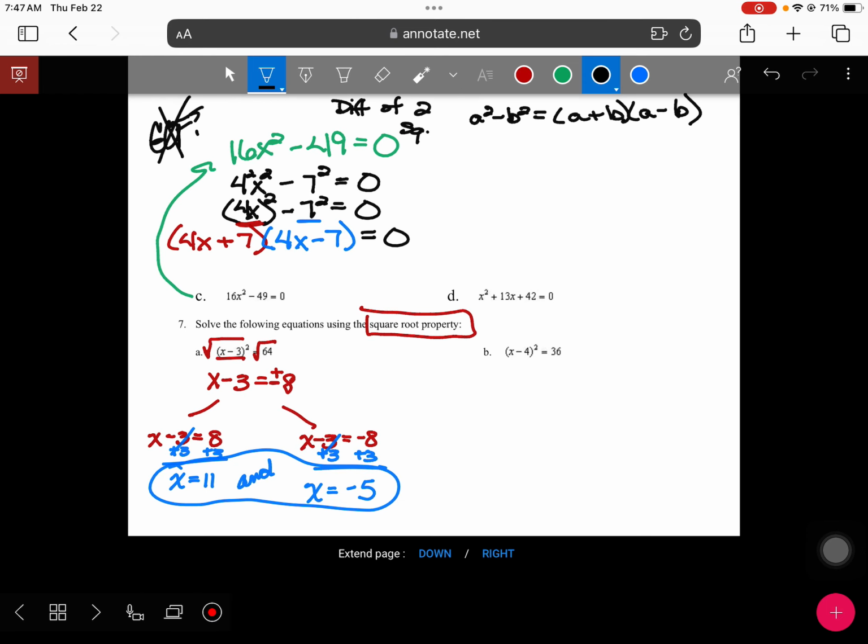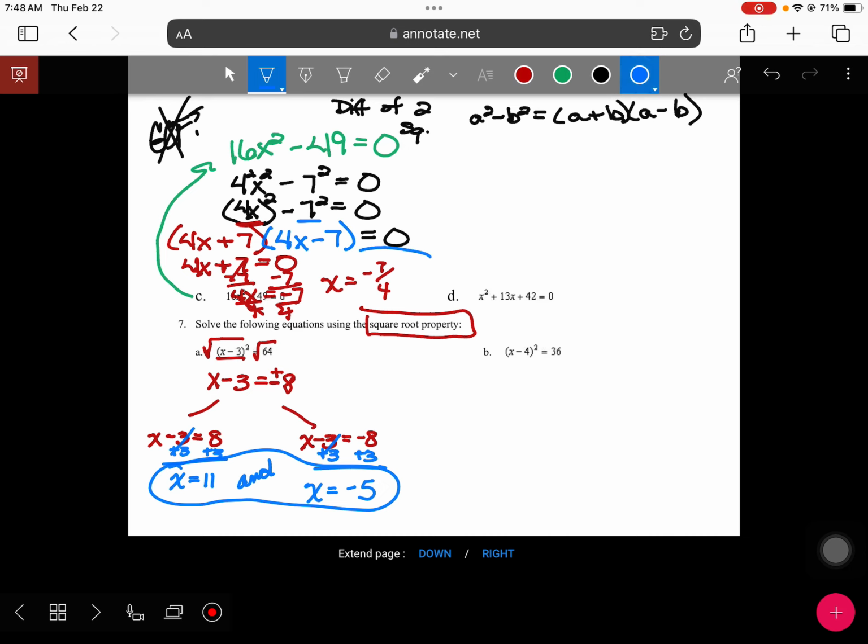And again, if you have 2 factors that are set equal to 0, set each of them equal to 0 and solve for x. So 4x plus 7 equals 0. Minus 7, 4x equals negative 7, divide by 4, divide by 4. X is equal to negative 7/4.